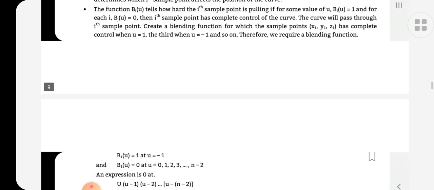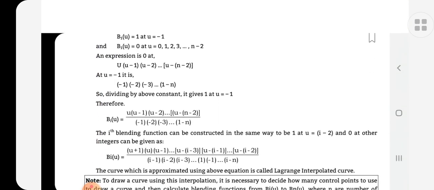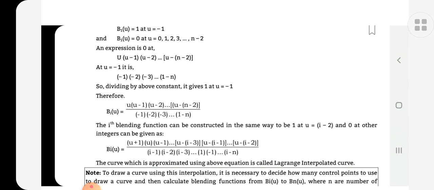Therefore, we require blending functions, and using these expressions we have to find the curve. The expression is 0 when u is in bracket u minus 1, u minus 2 up to u minus n. Then at u equal to minus 1, it is minus 1 in bracket, minus 2 in bracket, minus 3 up to minus 1 minus n.